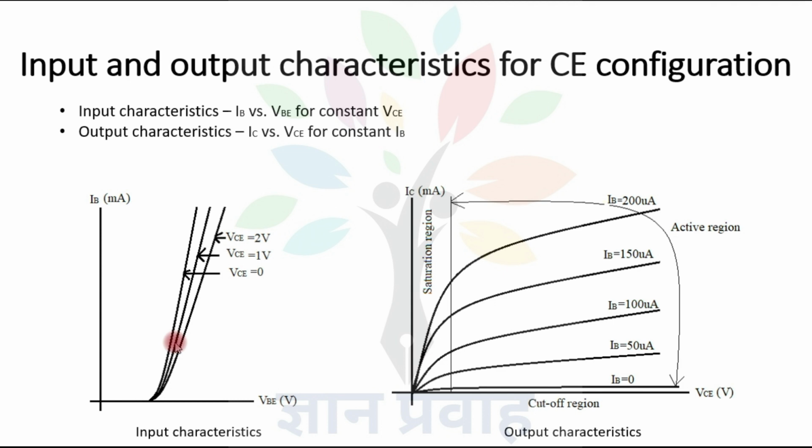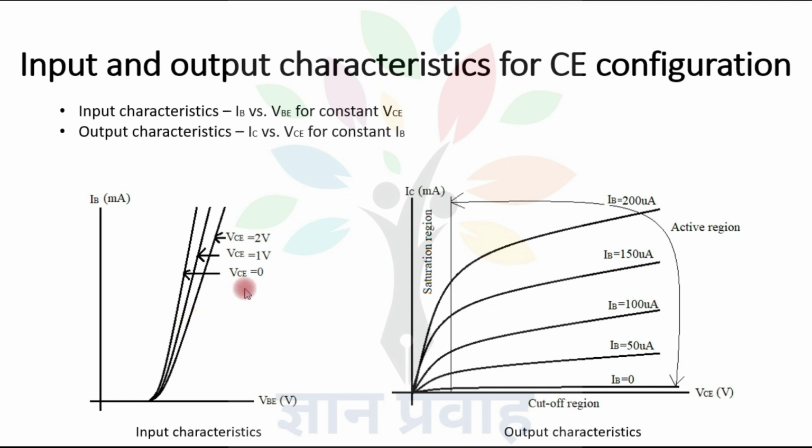So this plot is same as we have discussed for common base configuration, because in common base configuration and common emitter configuration, the emitter base junction operates in forward bias and acts same as the PN junction diode. So this characteristic is same as the PN junction diode.